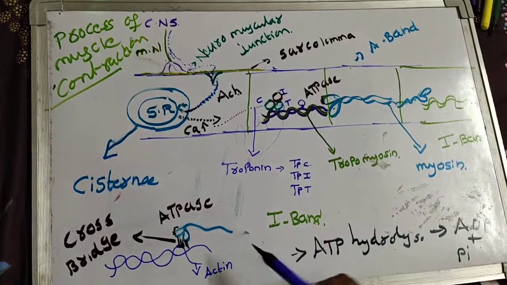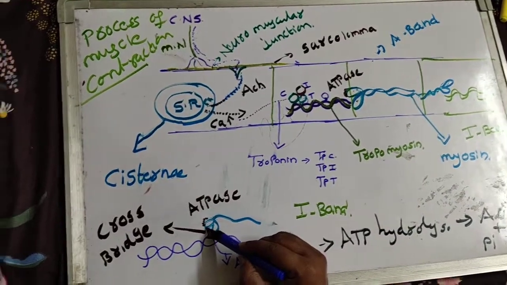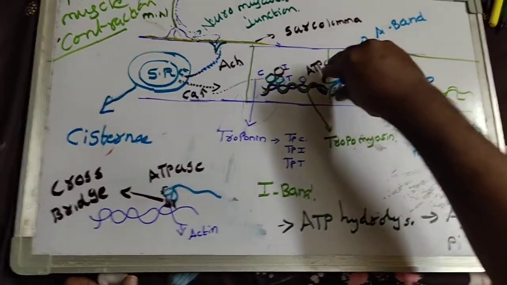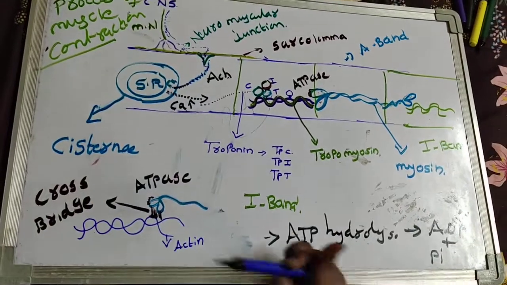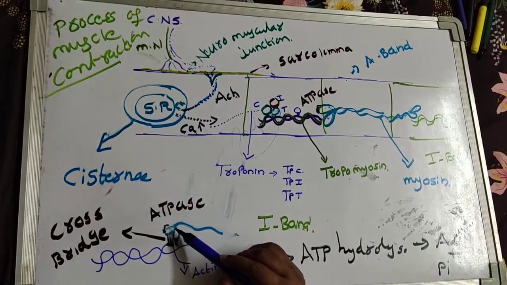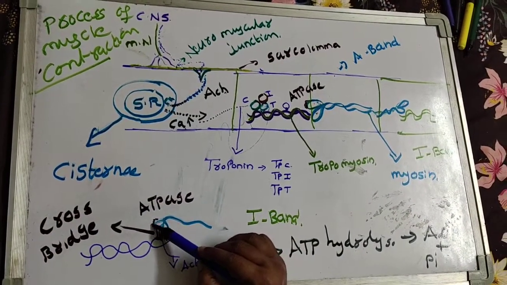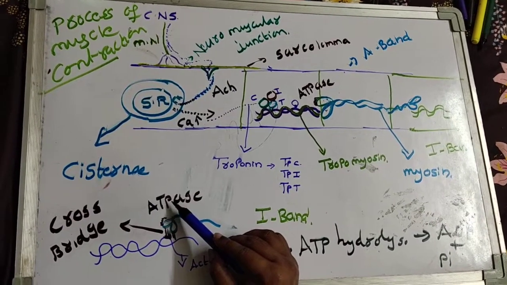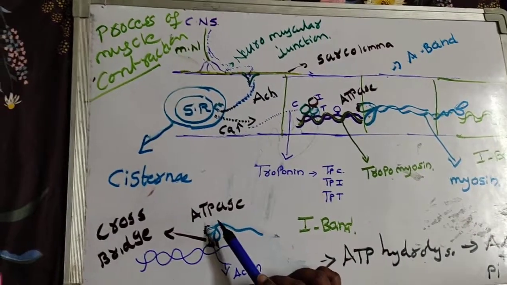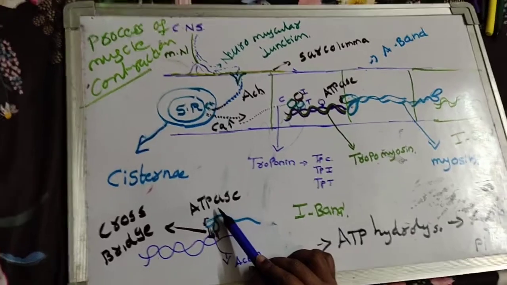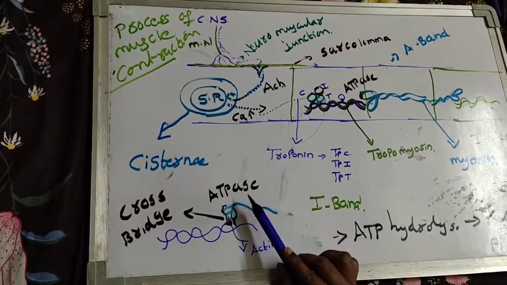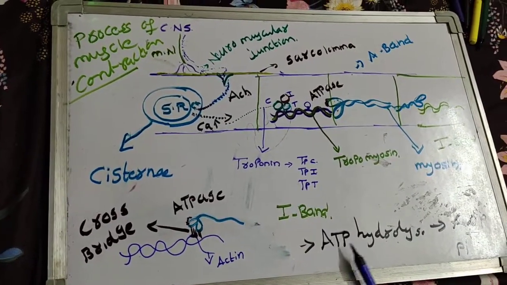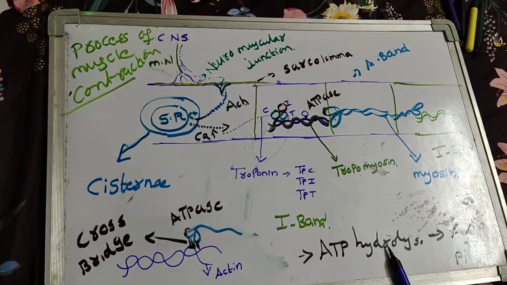Now what will happen? On the globular head, I already said there is an enzyme. That enzyme is called the ATPase enzyme. This ATPase enzyme can release the ATP. Now this ATP is hydrolyzed.